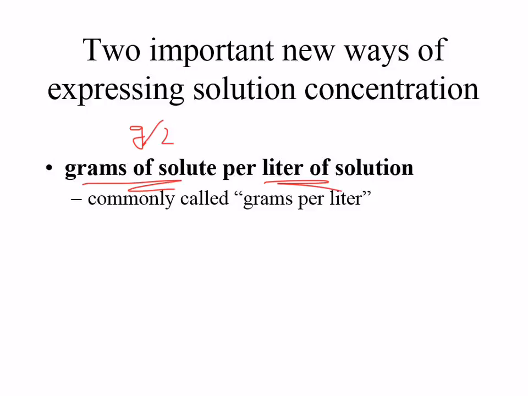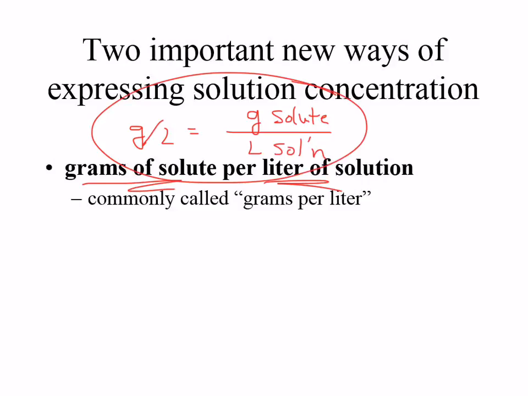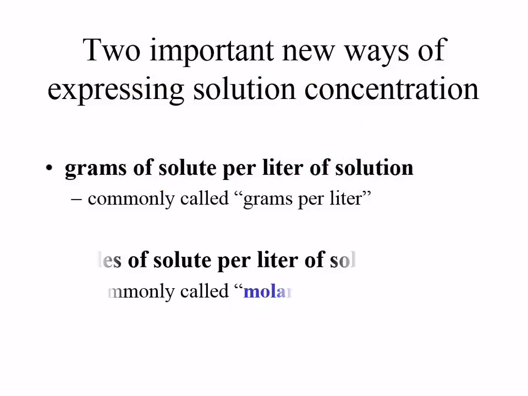To unpack that, it would be g solute per L solution, and my abbreviation for solution is sol'n. So that's units unpacked. The reason we need to unpack them is the whole factor label thing, making our units do what they need to do.